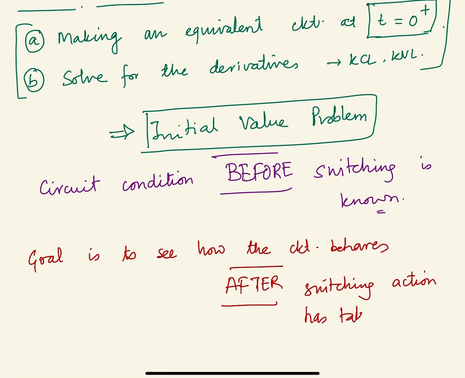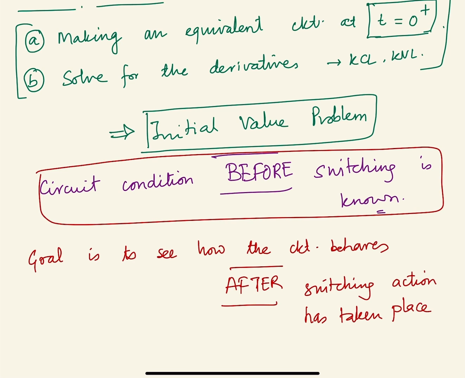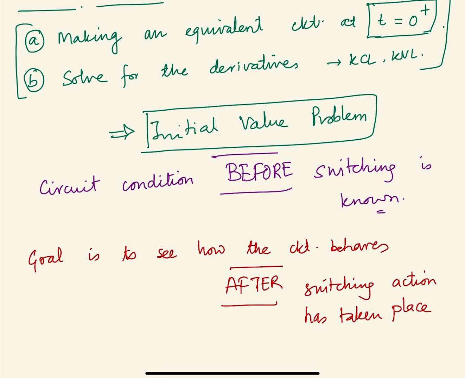So these are two keywords. One is before, the circuit condition before switching has happened. This is one condition, and the second condition is that you basically want the circuit after the switching action has taken place.